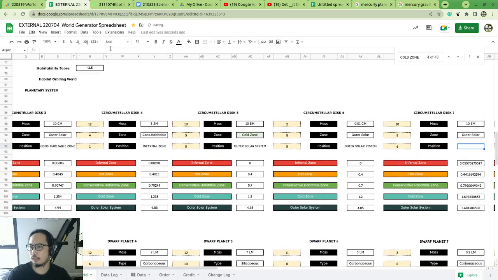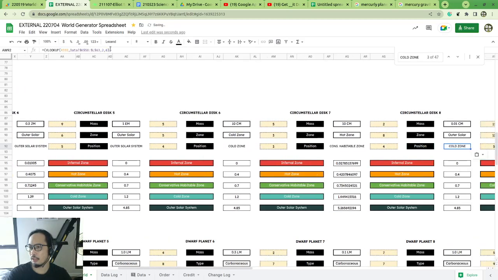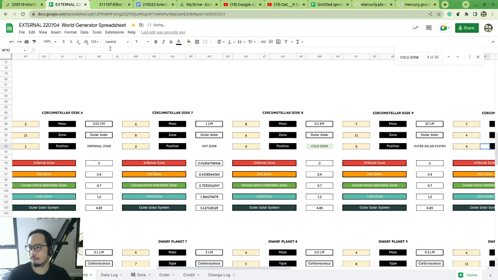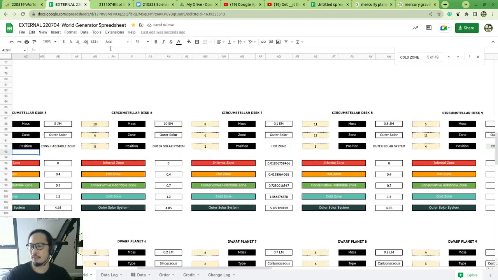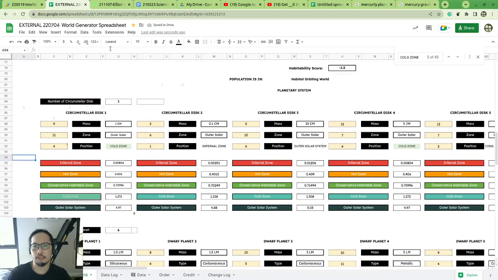Disks. I'll make this colored later on. I guess people would want that.